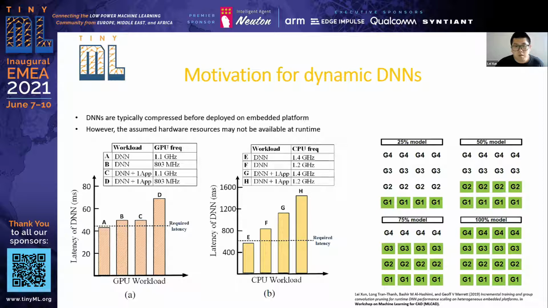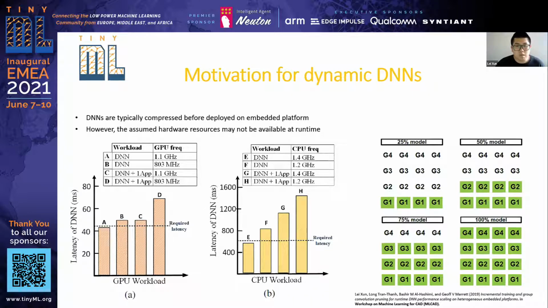So in the figure on the left-hand side, models A and E are compressed at design time to just meet the latency requirement. Here, we want to compress the model to just meet the target while keeping the accuracy as high as possible.